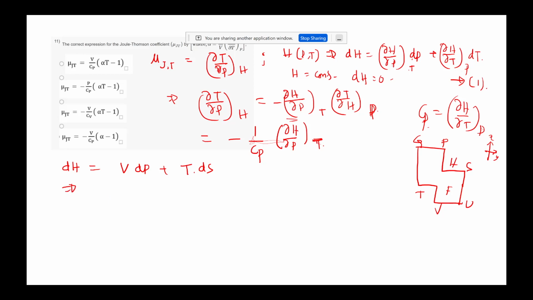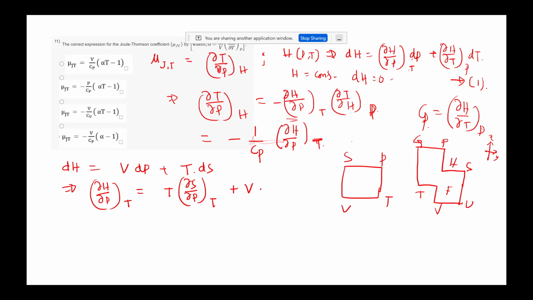Now if you take del H del P at constant T, then it becomes T del S del P at constant T plus V. Okay. Now again use SPTV. Del S del P at constant T will be this.